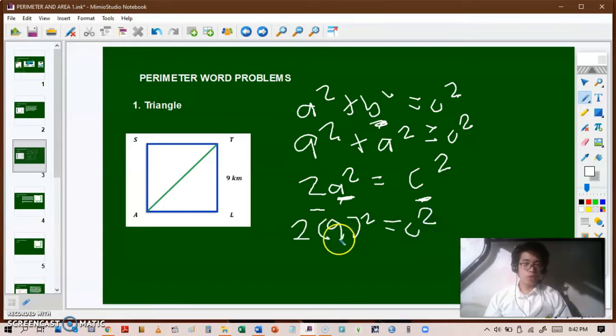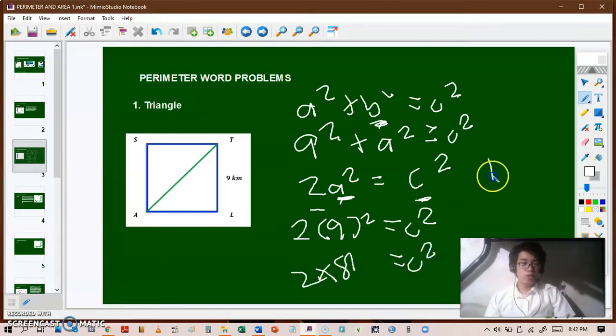So 9 squared is going to be 81. So it's simply 81 times 2 is equal to c squared. And what's 81 times 2? That's 162, which is equal to c squared.